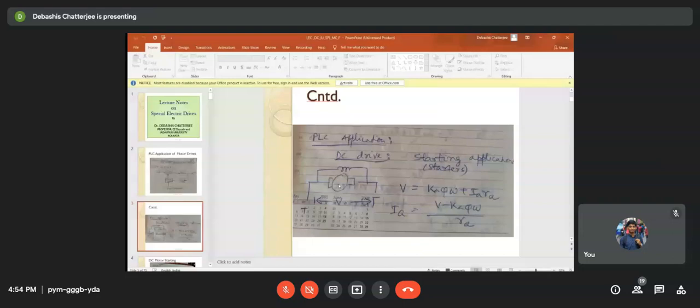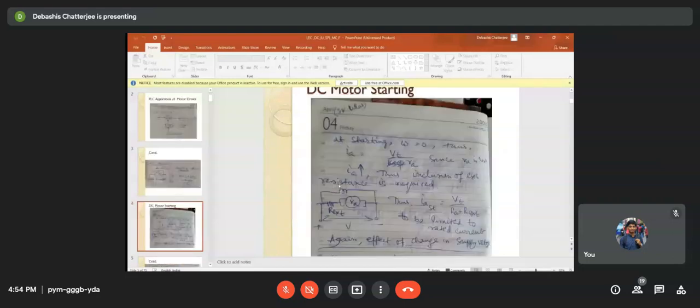So now what is done exactly? This is what I was trying to explain here on the next page. Omega equal to 0, this Ia will increase like that. So what is done exactly?